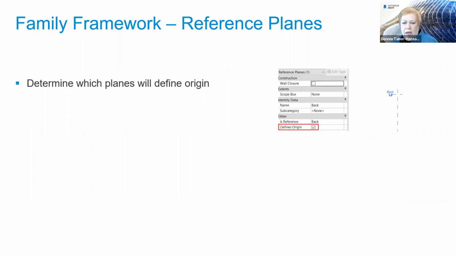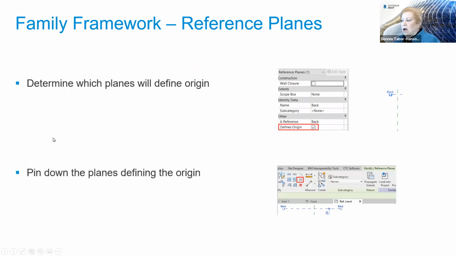So you have to be careful because the original 2 reference planes are going to be the ones that are defining origin to begin with, but you can determine which ones you want. And once you get the reference planes that you want to have defining the origin, you will want to pin them down. And you also want to unpin the other ones.